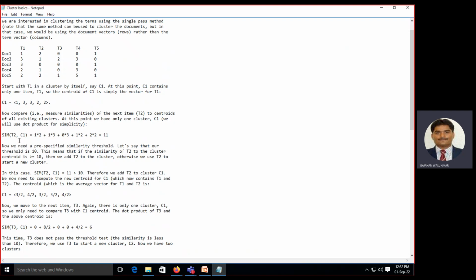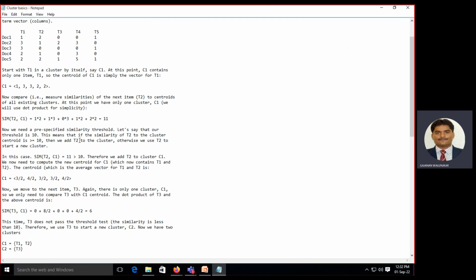We are going to use the dot product as the similarity function here. So we are multiplying this 1 with this 2, plus 3 with this 1, plus 3 with this 0. So that dot product will be carried out here and we'll find out the similarity of this T2 with C1, that is coming to 11. Right.